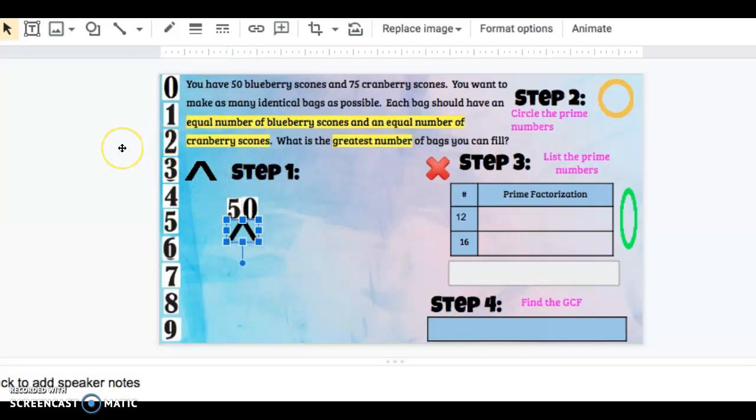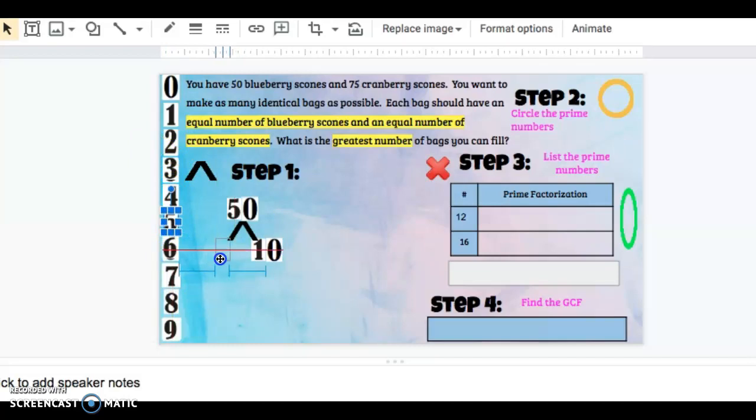If I'm thinking 50, well, 10 times 5. So I'm going to start off with 10 because I know it's a composite number, because 1 times 50 isn't the only set of factors that go into it. 10 times 5 go in it, 25 times 2. Okay, so we have 10 and 5.